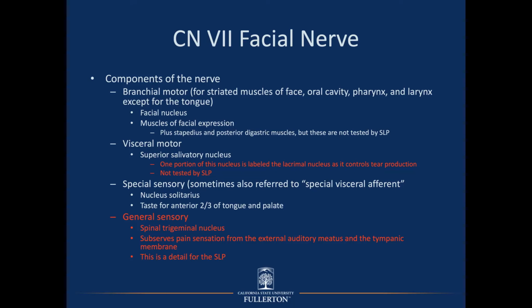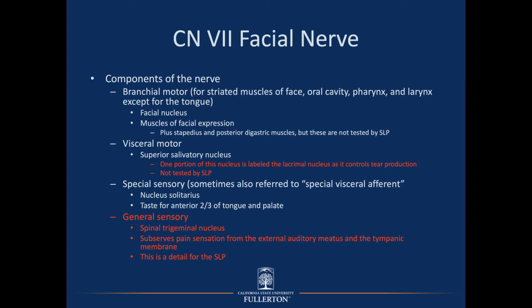We all had a hard time learning those because they're not geometrically real simple. They kind of cross over each other and everything, but it's all the muscles of facial expression and the platysma. If you go like that, you're using the platysma.